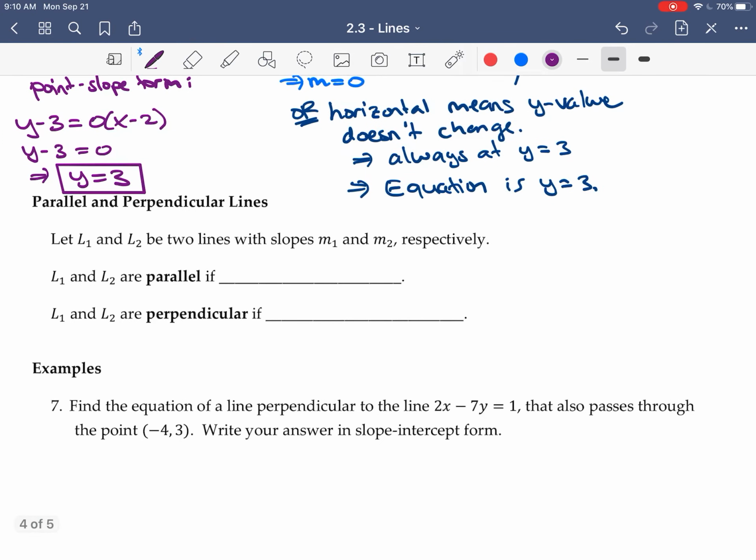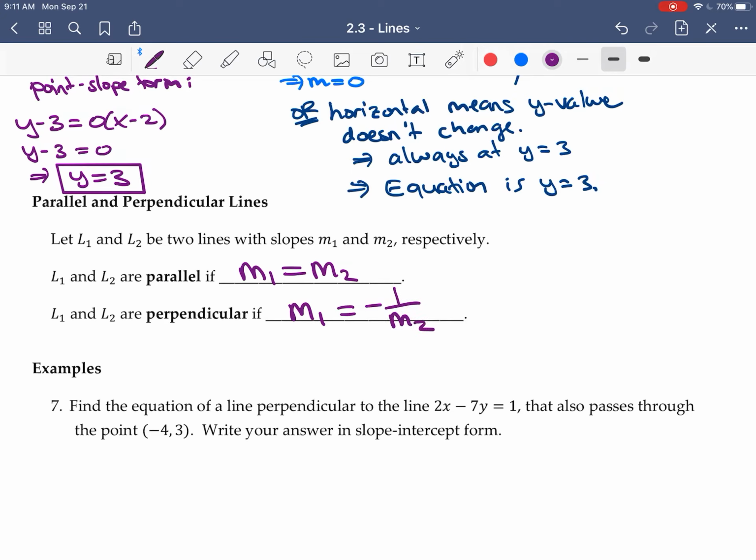Okay, so comparing lines. Sometimes we have two lines and they're related somehow. So if I have line L1 and line L2 and they have slopes M1 and M2, then we say that they're parallel if the slopes are the same, so if M1 equals M2, and we say they're perpendicular if one of them is the negative reciprocal of the other.